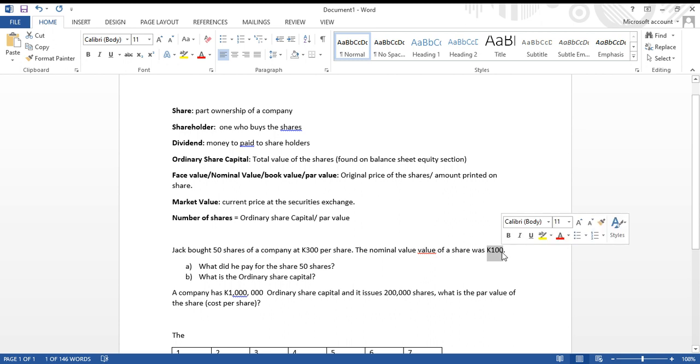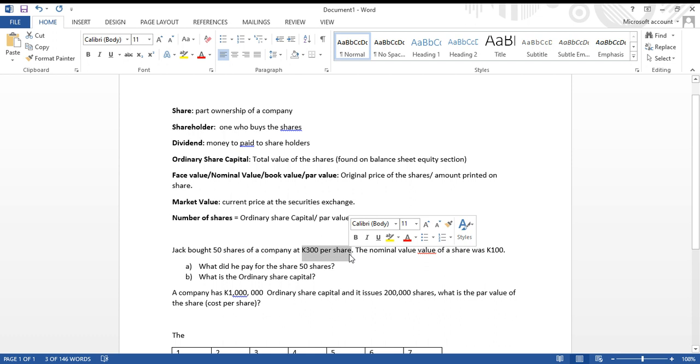So this is the market price, right? He bought this on the securities exchange, so that's the market value of the shares. Then we have our nominal value, 100 kwacha, which is printed on them. So these 100 kwacha shares are costing 300 kwacha on the market.